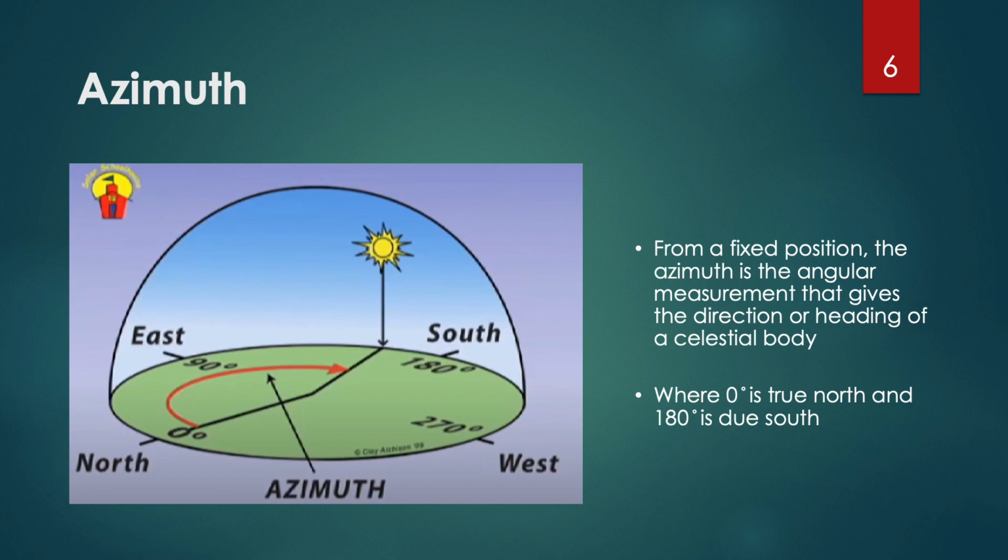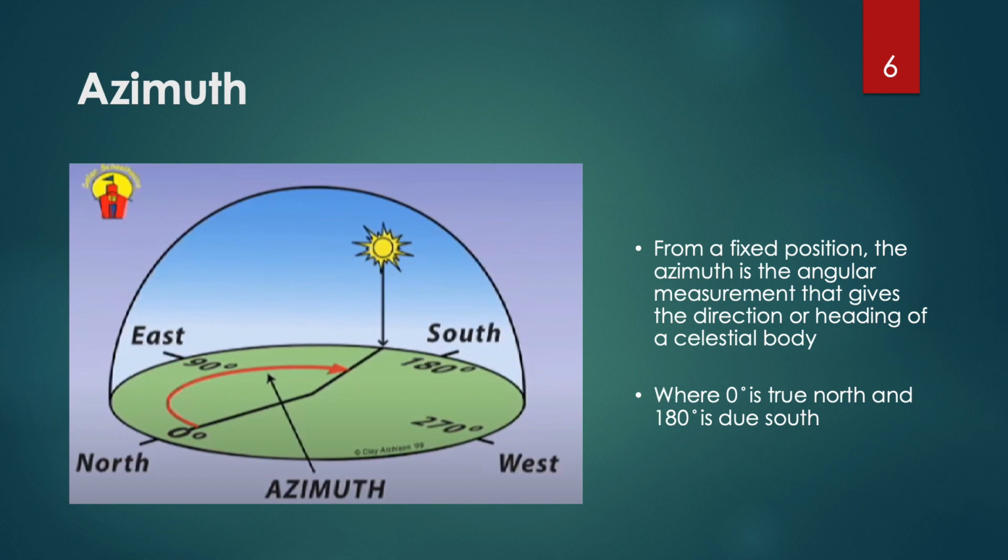There are two important angles that we use to map the sun's motion through our sky. The first important angle is called the azimuth. From a fixed position, the azimuth is the angular measurement that gives the direction or heading of a celestial body, and in our case, the celestial body is going to be the sun.